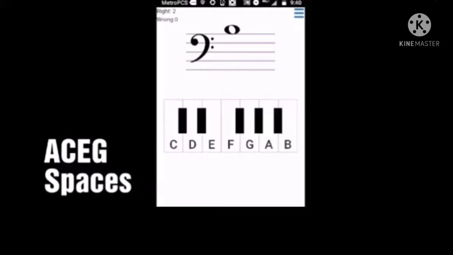So you have B-A-G-F. The way I think of it is B-A-G-F, F-E-D-C, and that would put me in the second space. Just all kinds of things. Just notice patterns. Take every kind of advantage you can. Okay, B.